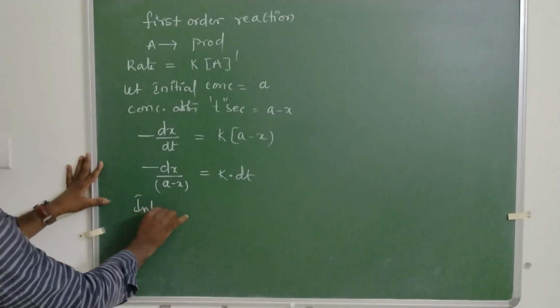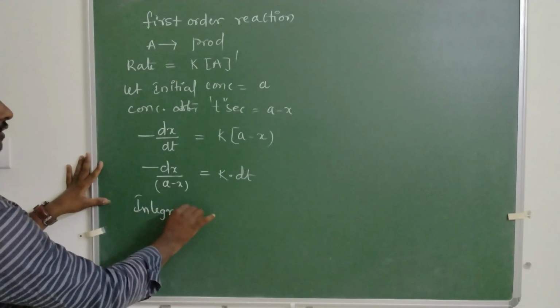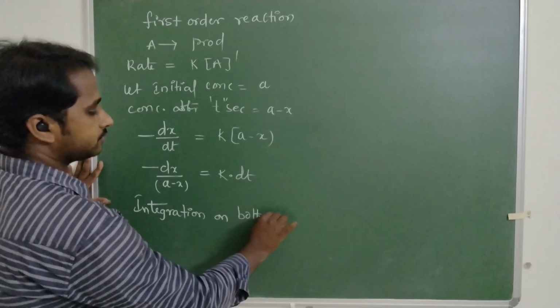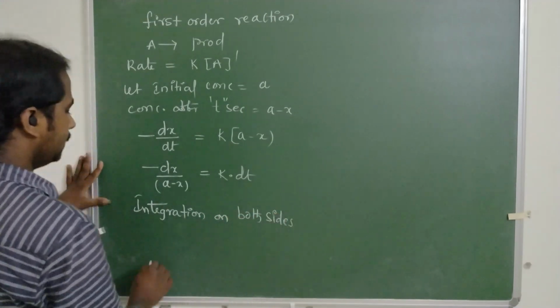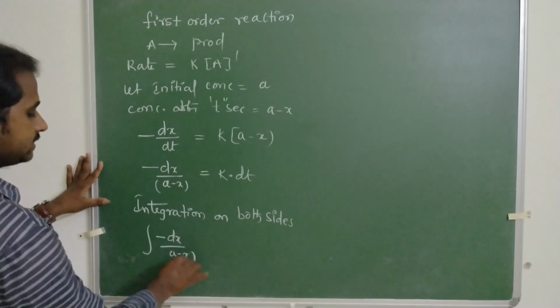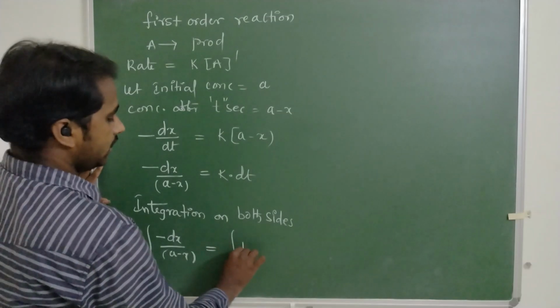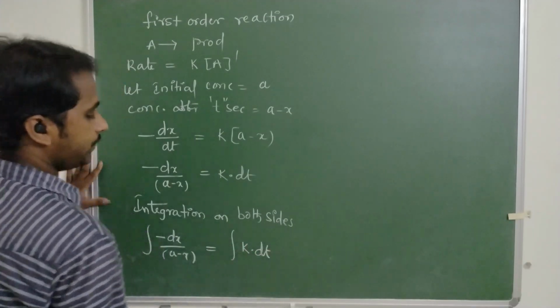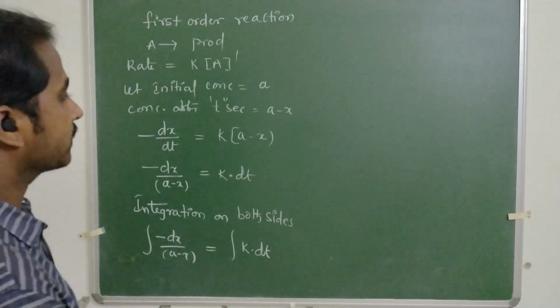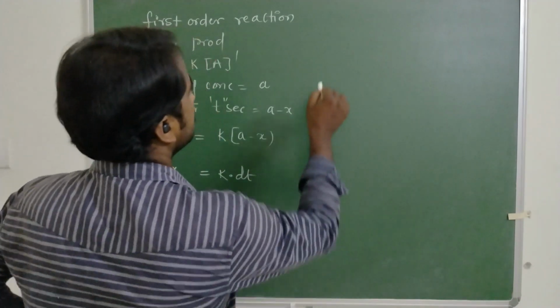Integration on both sides. Integration of minus dx by (a minus x) is equal to integration of k into dt. Integration of 1 by x dx is nothing but ln x.